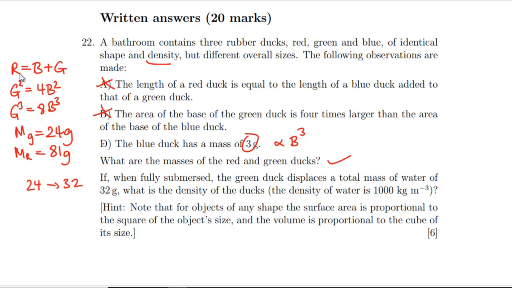So the duck is 3/4 the density of the water. So that is going to mean that we've got 750 kilograms per meter cubed for the duck, because for the same volume we're getting 32 here and we're getting 24 there.